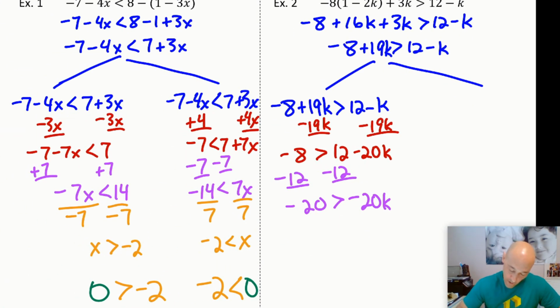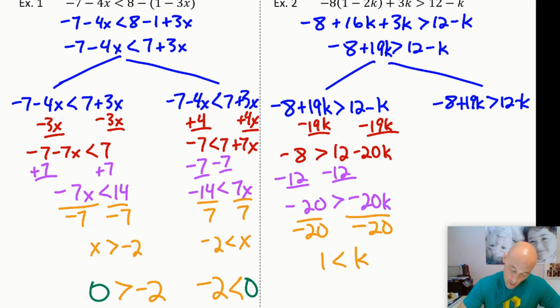And I have to divide by negative 20, and so 1 is greater than k. Oops, got to switch that sign. Because we divided by a negative number on both sides, we have to switch this sign to the other direction. And that's the solution.